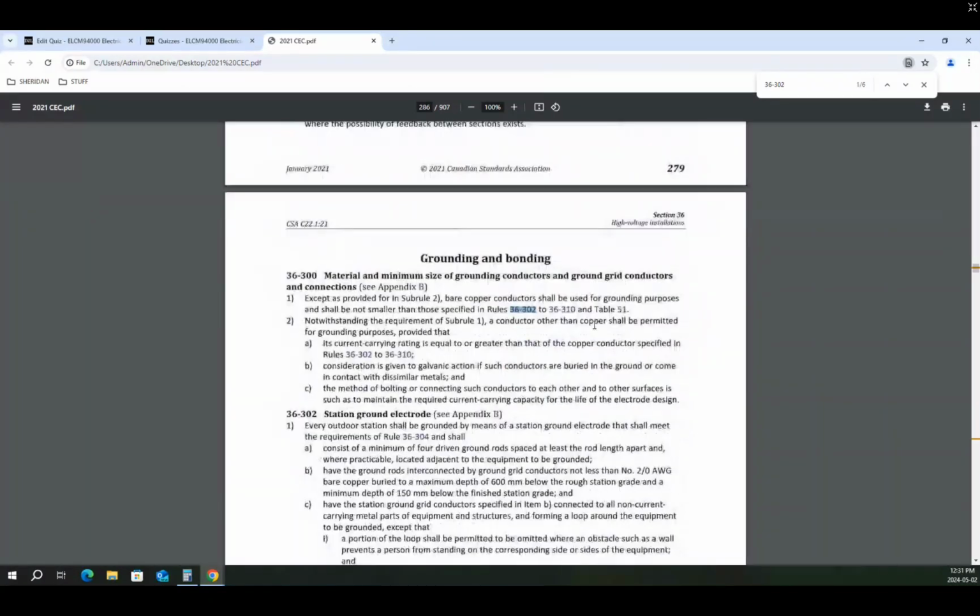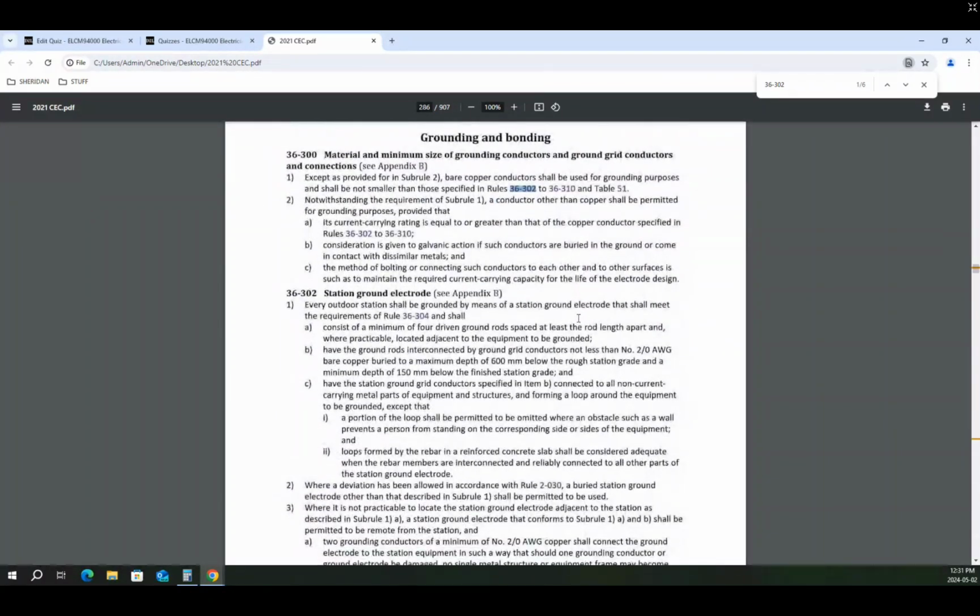And I'm looking for station ground electrode. Every outdoor station shall be grounded by means of a station ground electrode that shall meet the requirements of this Rule 36304 and shall consist of a minimum of 4 driven ground rods spaced at least a rod length apart where practicable and located adjacent to the equipment to be grounded, to have ground rods interconnected by the ground grid conductors of not less than 2 AWG bare copper, buried to a maximum depth of 600 millimeters and a minimum depth of 150 millimeters.